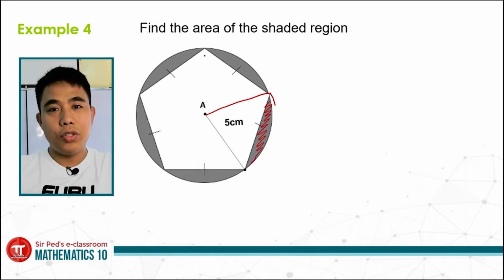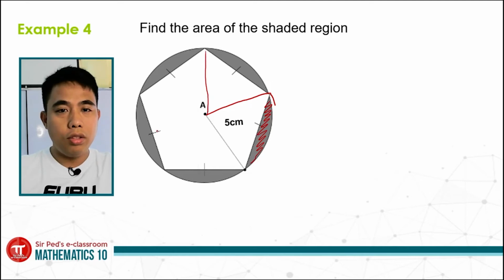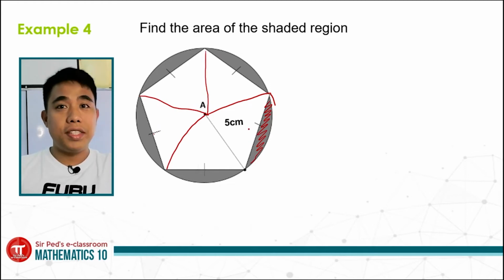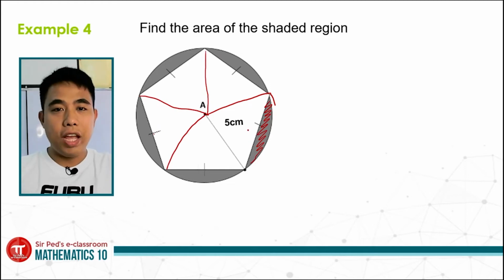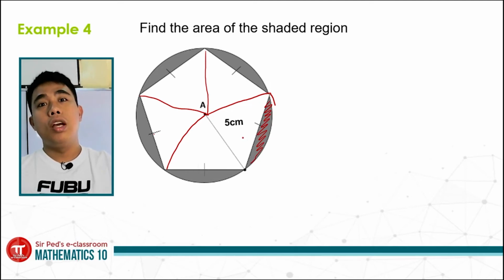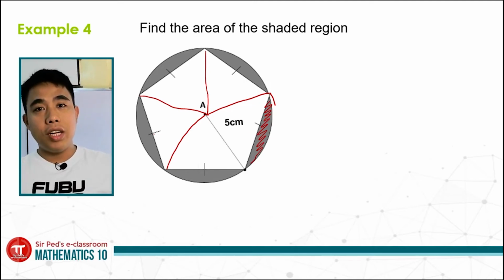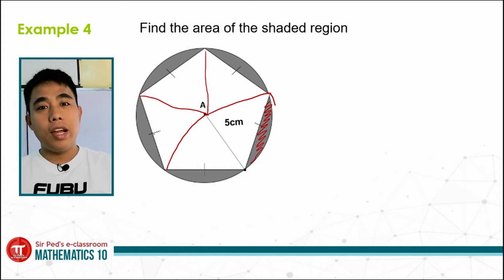So there will be 1, 2, and then 3, 4, 5 segments. So we multiply it by 5. Another way is that you are going to find the area of the circle, then subtract the area of the pentagon, because that is a regular pentagon with 5 sides.